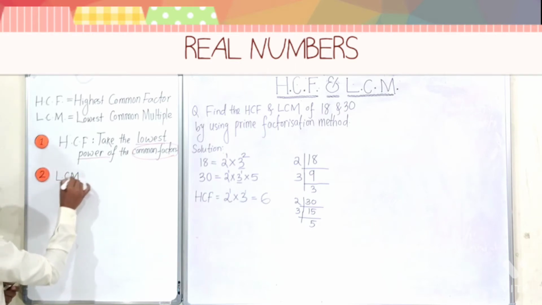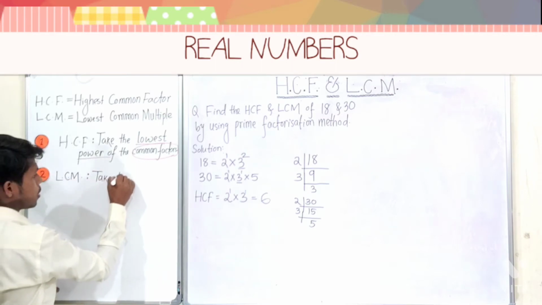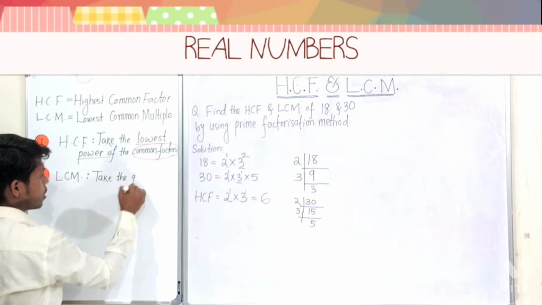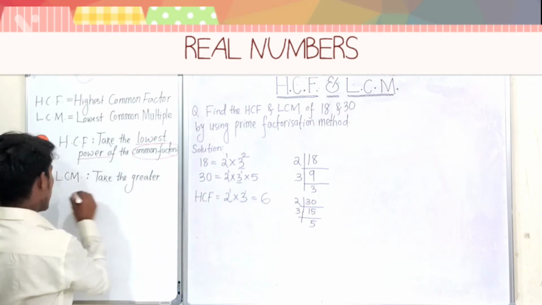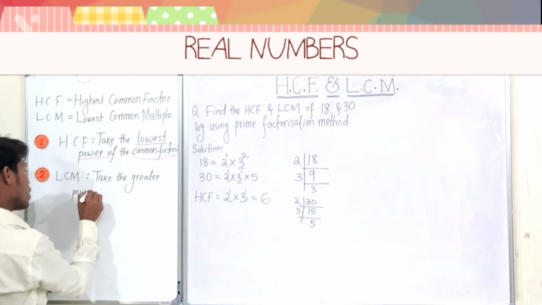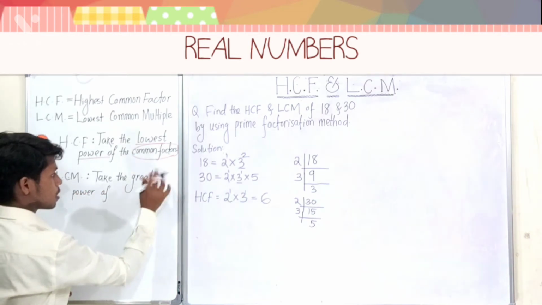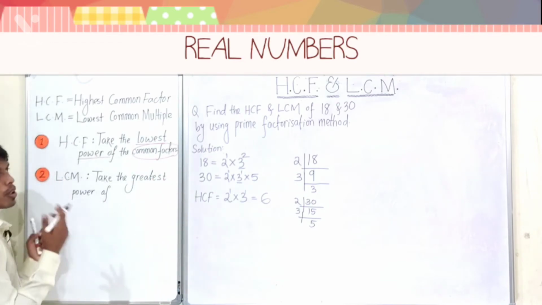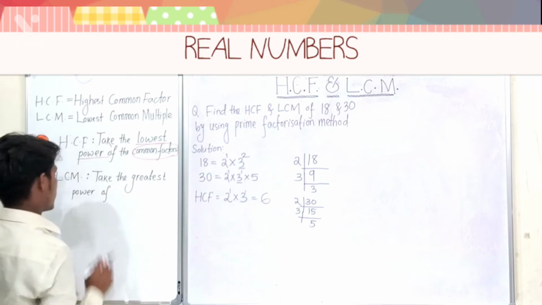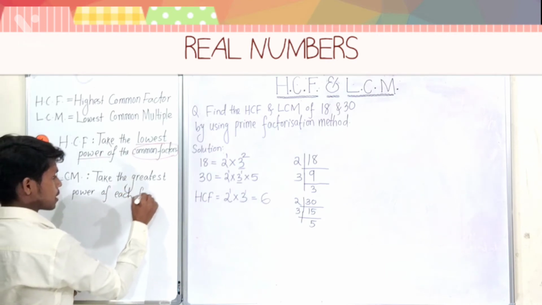So the LCM rule is to take the greater power, sorry, in case of 2 numbers we can write greater, but for more than 2 numbers you have to write greatest power of each factor.